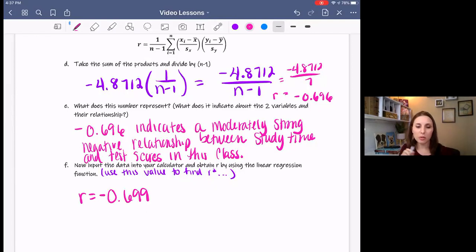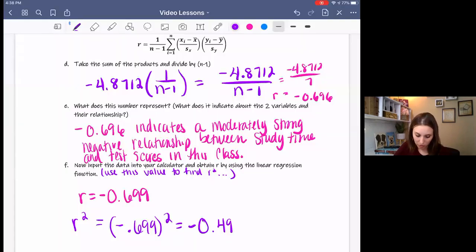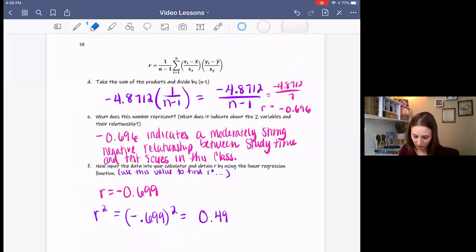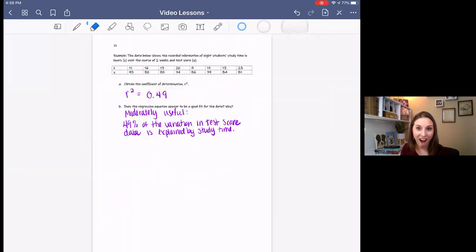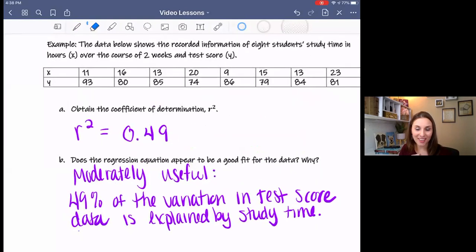Now, this wasn't part of your notes, I added it later. I want you to square that value and see what you get. Pause it, square it, come back, and notice something. When you square that value, you should get 0.49. Now, this is so cool. I want you to go back to the previous lesson. You recognize that? That's the coefficient of determination.